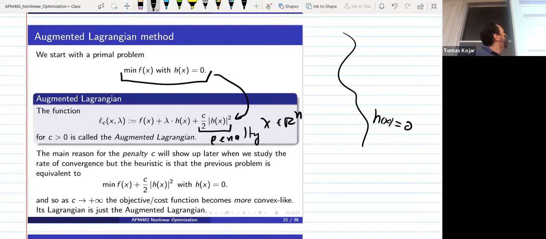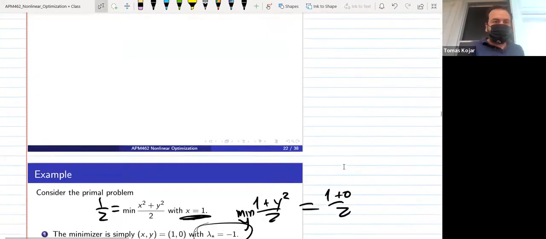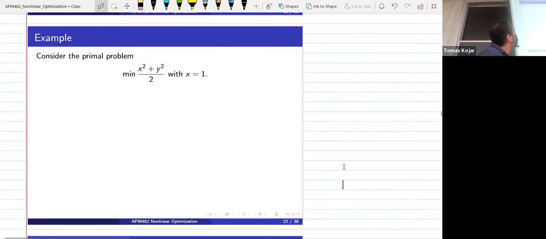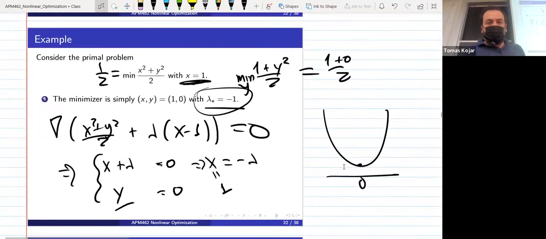Okay? So you went from a constraint problem to unconstrained. Okay? And then you take c to infinity to get back the constraint. So last time we did this example. So we had this constraint problem.